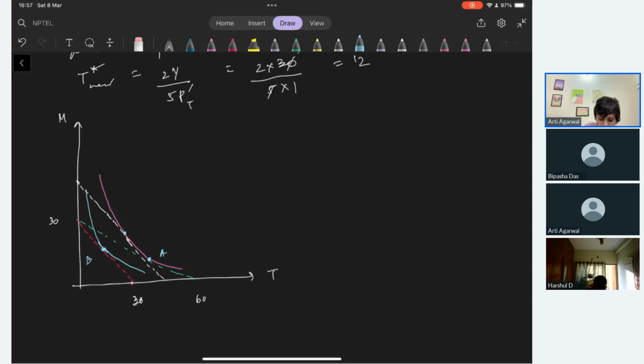This is the net effect we have calculated. T was initially what? 24. Now my diagram is off because this should have been a little more this side, but let's say this is initial T star and this is new T star value. And let's assume this is in the same line. It's a bit difficult to do that, but say this is M. It's unchanged. Let me fix this actually.